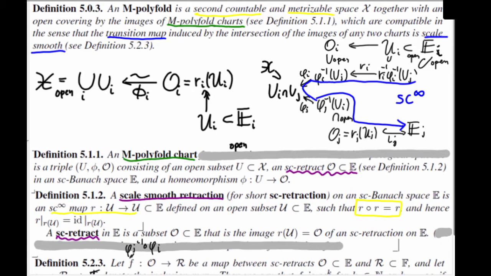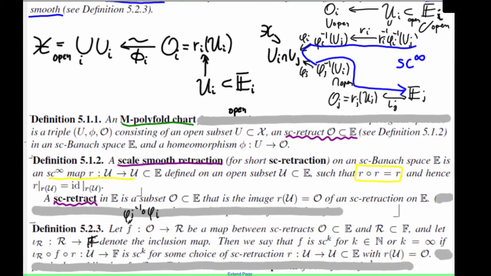My M-polyfold chart just consists of a scale retract O. I'm not fixing the retraction that maps to it. And so when you're saying scale smoothness, you're actually allowed to choose a retraction. So obviously we're going to need to worry about independence of definitions from the choice of retraction.